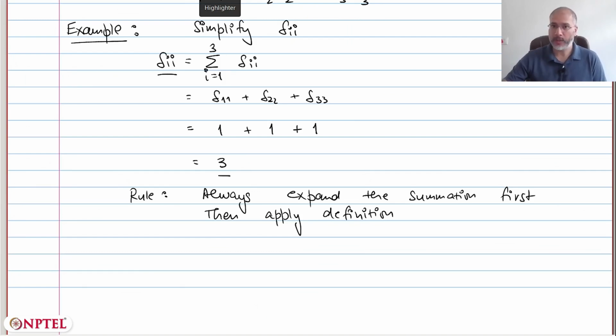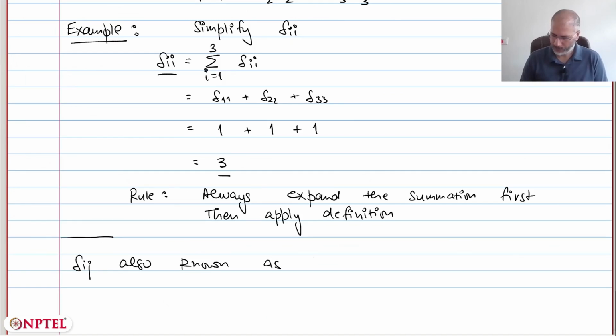By the way, this Kronecker delta symbol is also known as the substitution operator sometimes, because we almost always substitute the delta by removing it and replacing the index in the expression. So it's sometimes called the substitution operator.